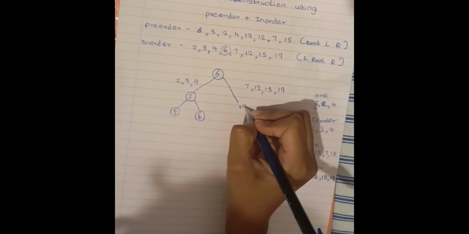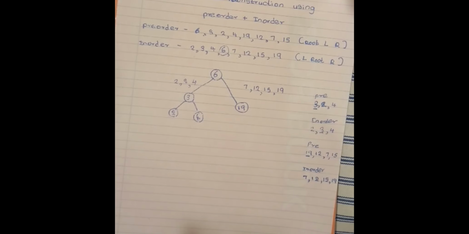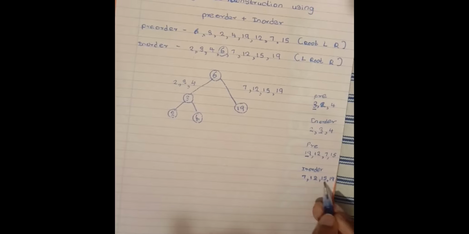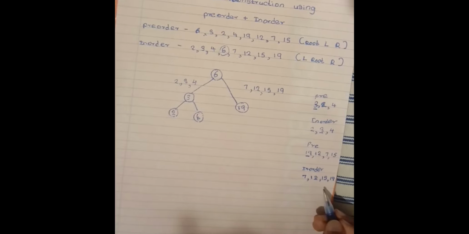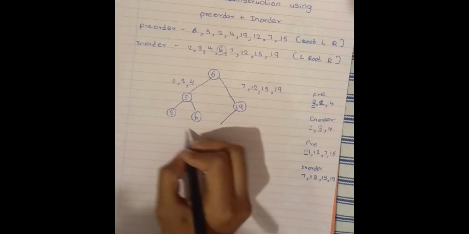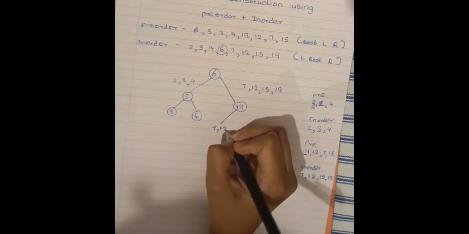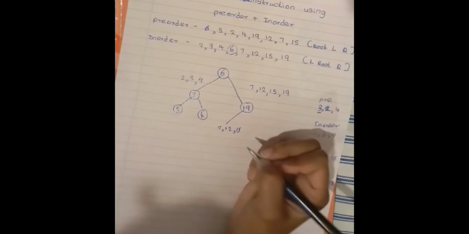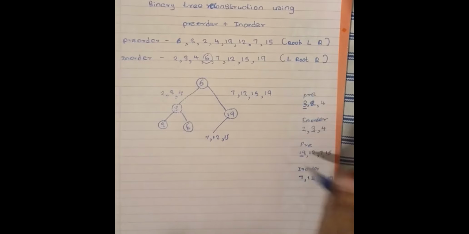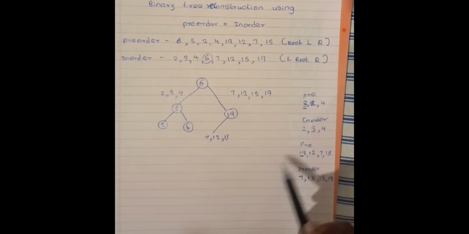So here 19 is the root. To the left of 19, there are 7, 12, 15. There is no right subtree, so it is going to be null.